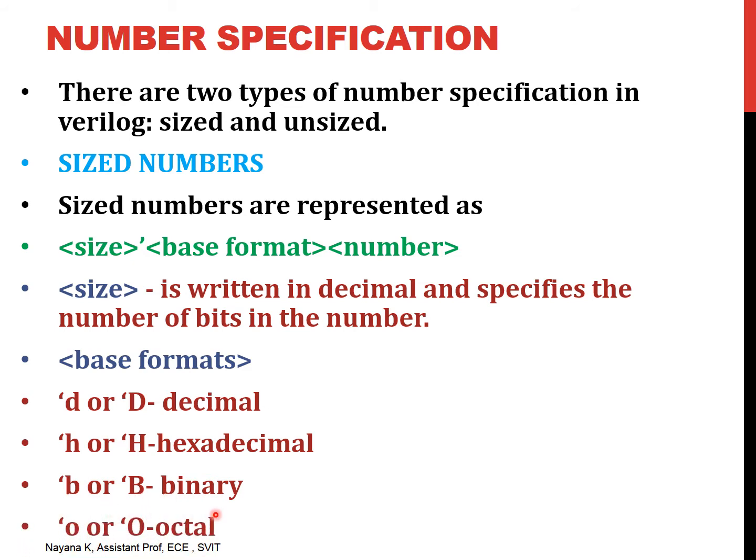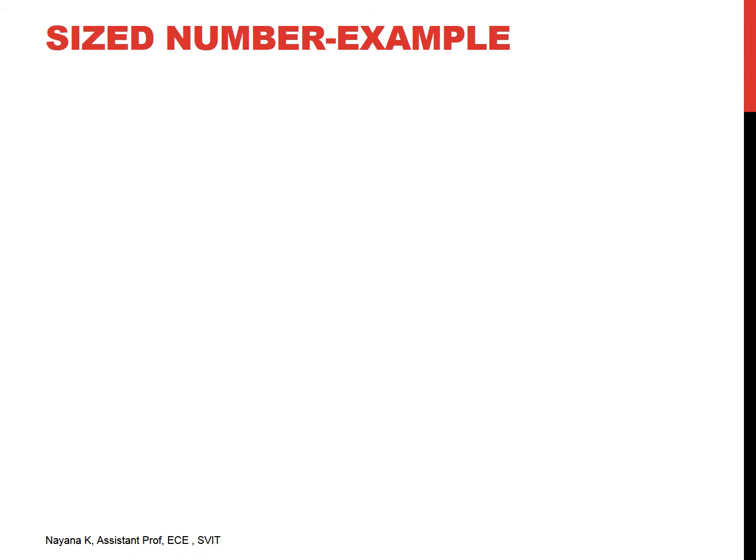So the base formats indicate the type of the number that you want to represent, and the number represents the actual number. Let us take some examples and understand. So 4 tick B 1011, this represents a 4-bit number because the first number tells you the size.